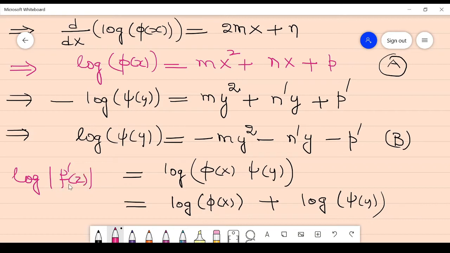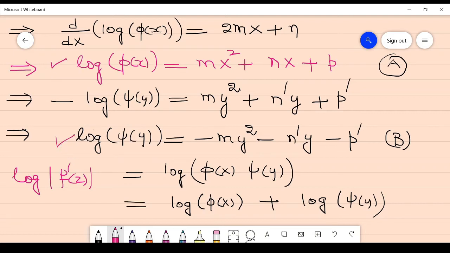So I substitute the value of |f'(z)|, which is φ(x) into ψ(y), and this value is written in this form.